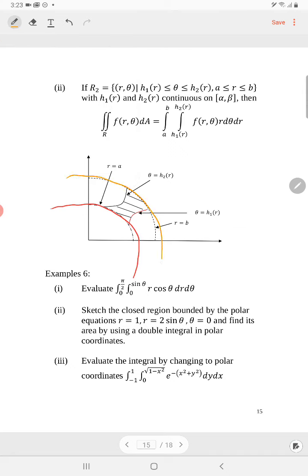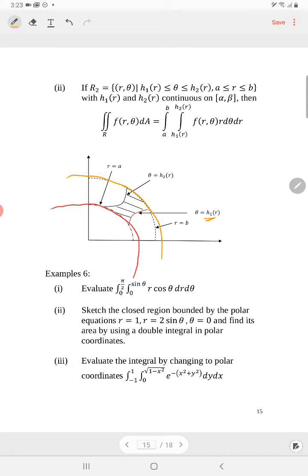And then we have the two curves, h1(r) and h2(r). In this case, the order of integration does matter, since r is from a constant to a constant, but theta is from a function of r to a function of r. The order of integration should be r d theta dr. So the one from a constant to a constant should be integrated last.